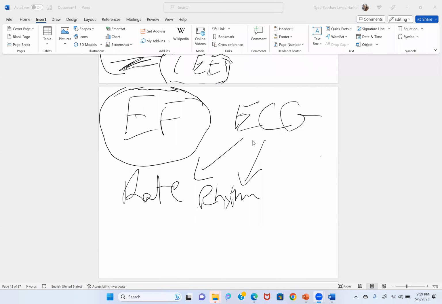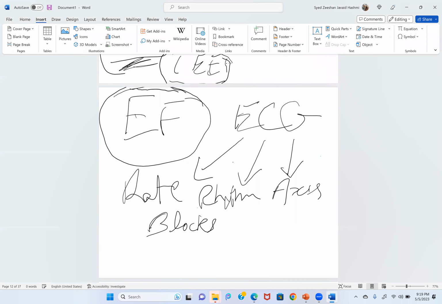There is arrhythmia, just like I'm telling you about arrhythmias. Anyways, if there is some rhythm other than sinus rhythm, then you may have some problem in the axis. Then you may have some blocks. Blocks may be in the form of first degree, second degree, or third degree heart block, or bundle branch block.